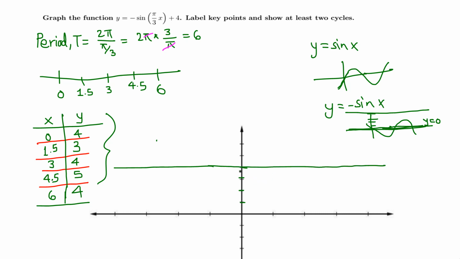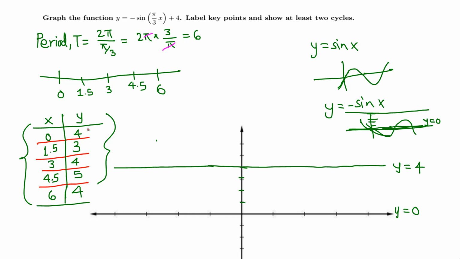Our graph will be symmetric with respect to this line. This is y equals 4. That will be determined from this table anyway. Minus sine x means we are going downward here.